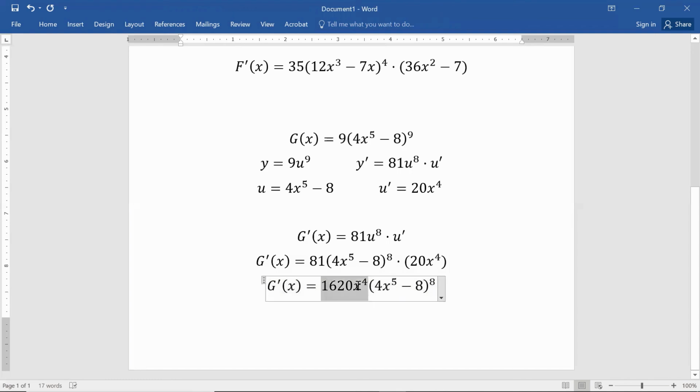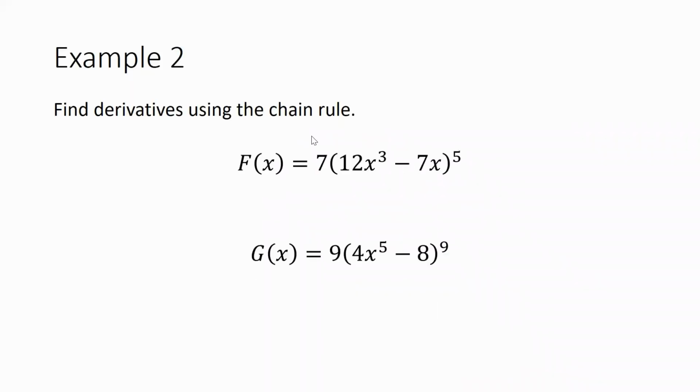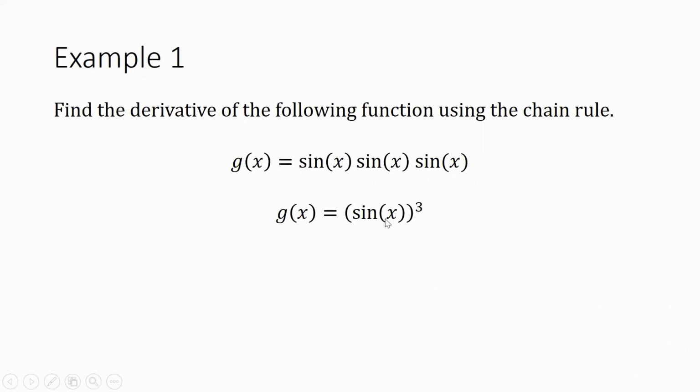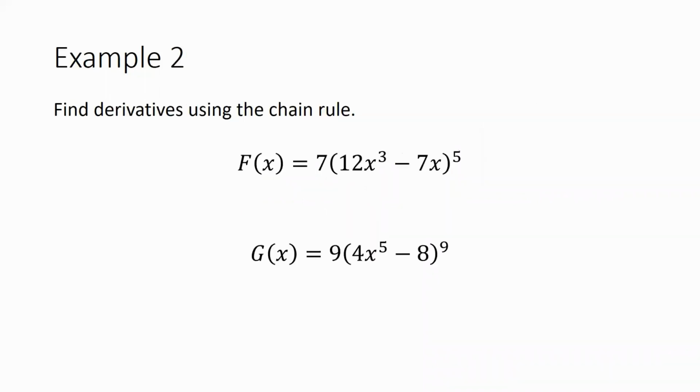So I just took the 20x to the 4th, multiplied it by 81, and I got this component. So a lot of people clean it up that way. And that way you have fewer terms to deal with. So that's how we utilize the chain rule, where I have a function inside of a power, whether that inside function is a polynomial, or like in the previous example, a trig function like sine.